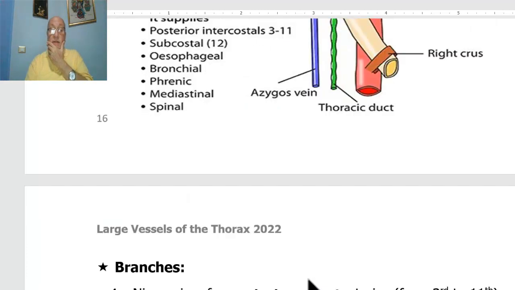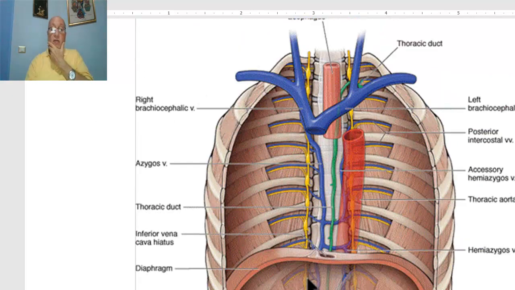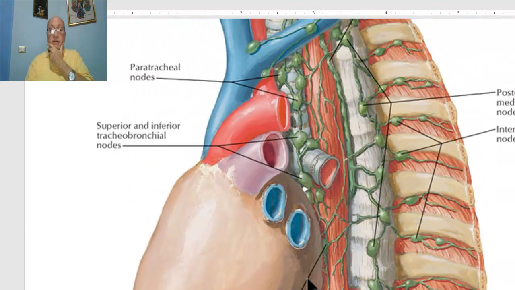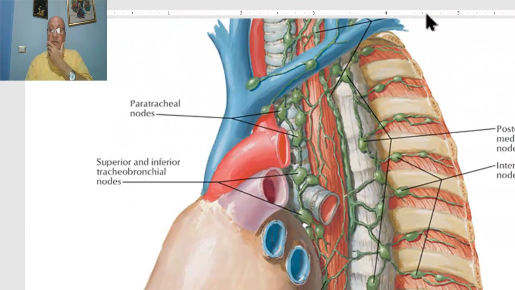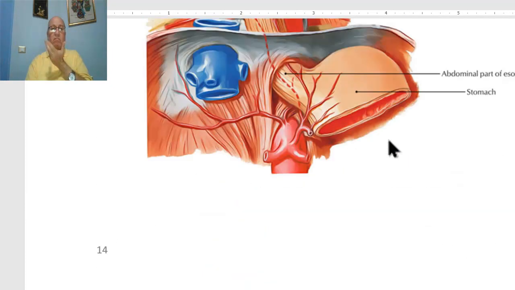On the left side, here the descending aorta is cut to show the structures on the right side, which is mainly esophagus. And what's the structure present here on the left side?